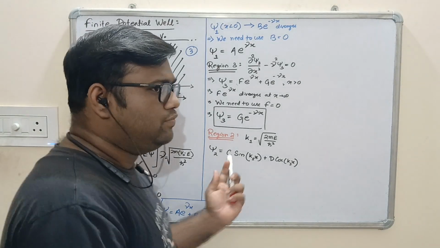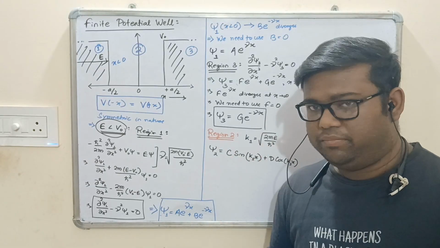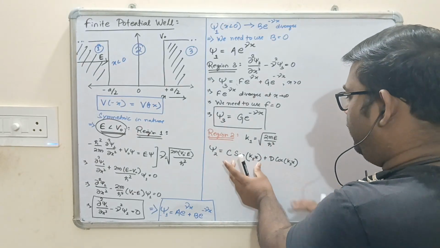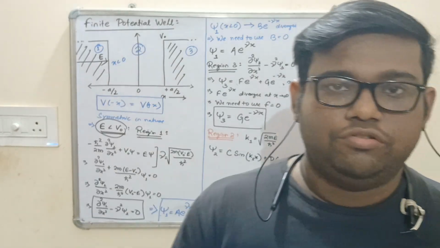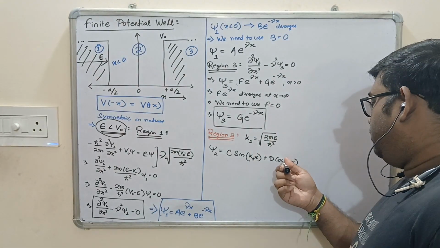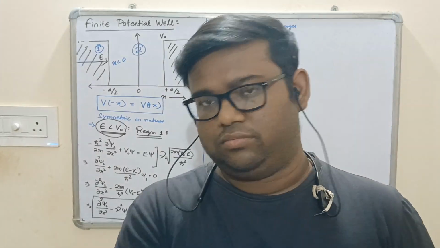And I think that solves the condition very well. Now, if you use the sine part, you will get an odd solution. If you use the cos part, you will get an even solution. That's basically it.